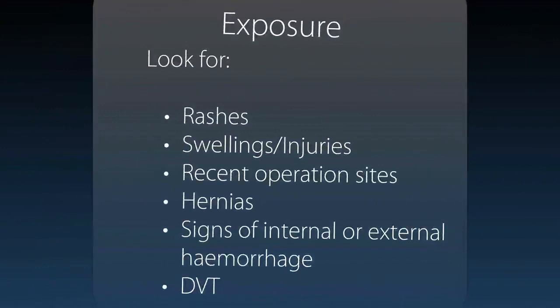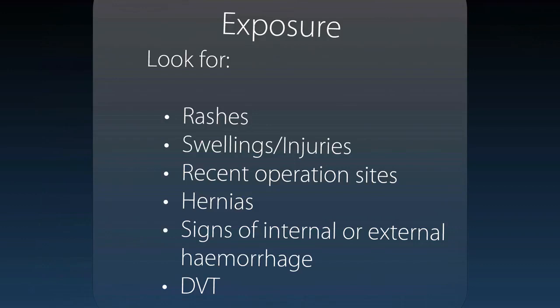The final stage on the primary survey is to look at exposure, and exposing the patient allows you to fully examine them and get clues as to why this person has become so sick. Looking for things such as rashes or swellings and injuries that weren't apparently obvious without exposing the patient can be useful.